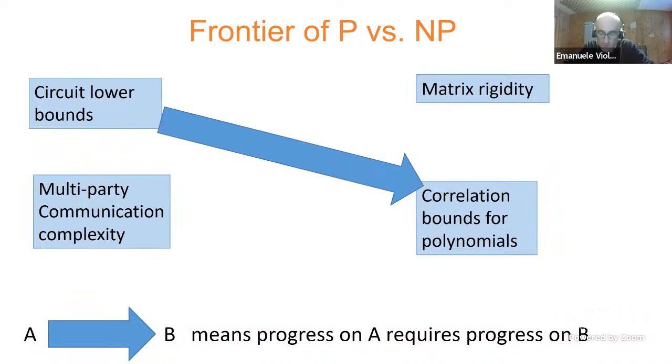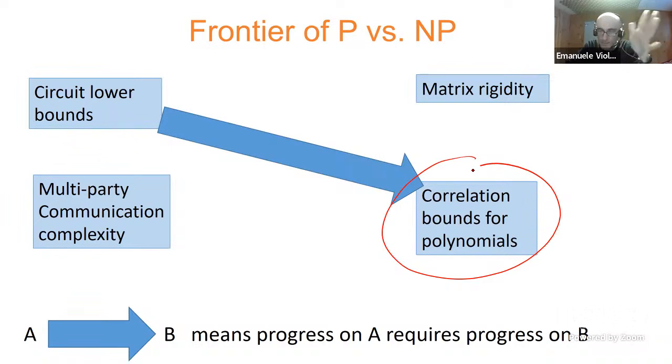Why is that? So I'm just going to say it in words. Right, because if you have a function f, and for every distribution, so here by correlation bounds I mean for any distribution, I can exhibit a polynomial which has some good enough correlation, then I can use the standard min-max, LP duality, Hahn-Banach, however you want to call it, argument to compute this function in the worst case, by some majority of polynomials, which you can write as a small circuit.